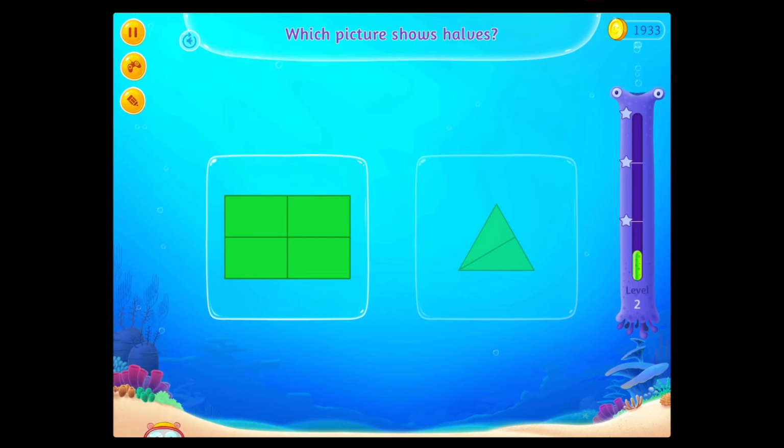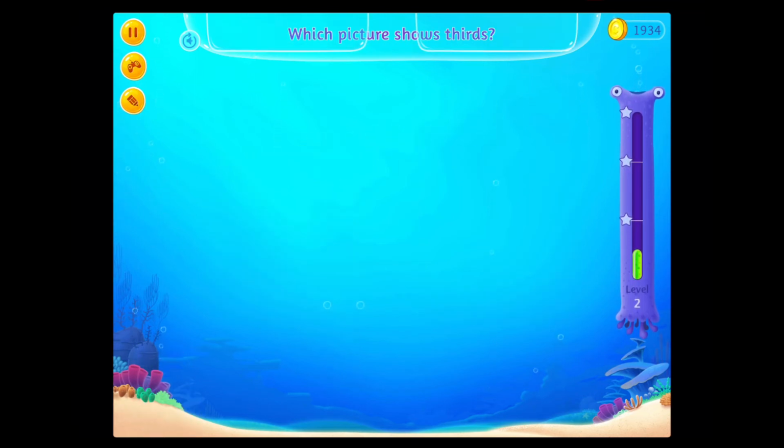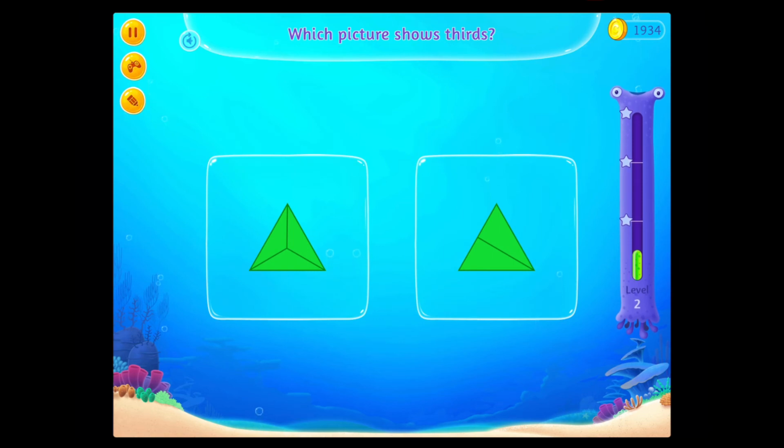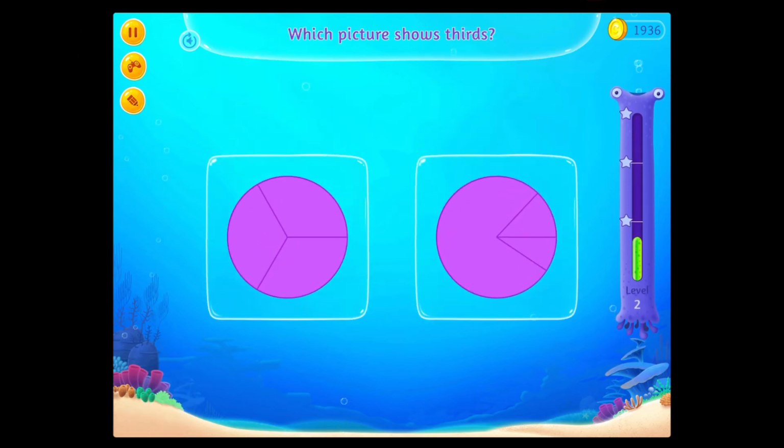You've done it! Which picture shows thirds? Congratulations! You've done it! Which picture shows thirds? Good going! Which picture shows thirds? Good going!